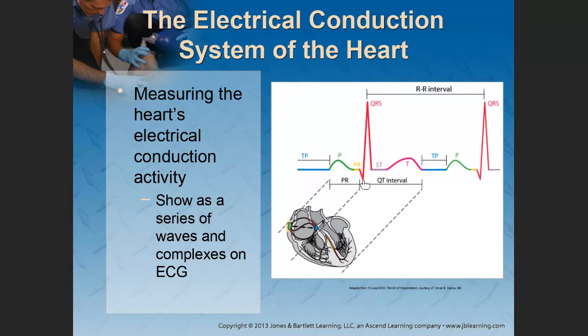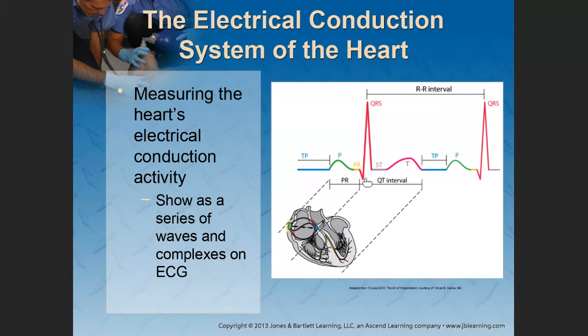The Q, which is down here, the Q wave is a negative waveform. It might not be visible on every ECG, but it's a negative waveform. So the QRS complex on an ECG represents ventricular depolarization.